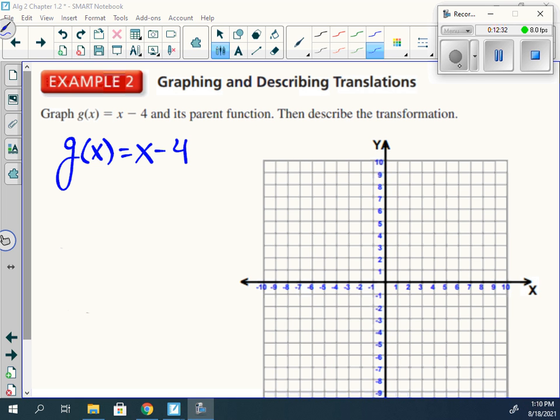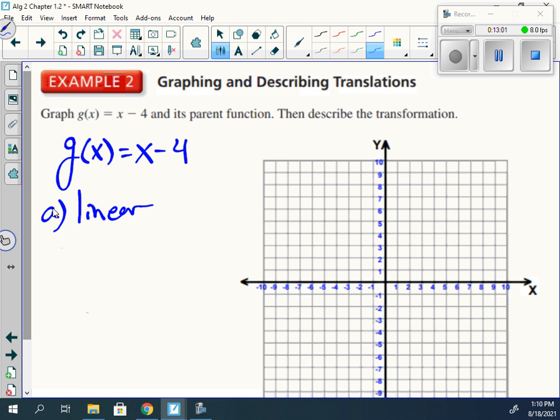But let's start off with identifying its parent function. What would be the parent function? Constant, linear, quadratic, or absolute? It is going to be linear.